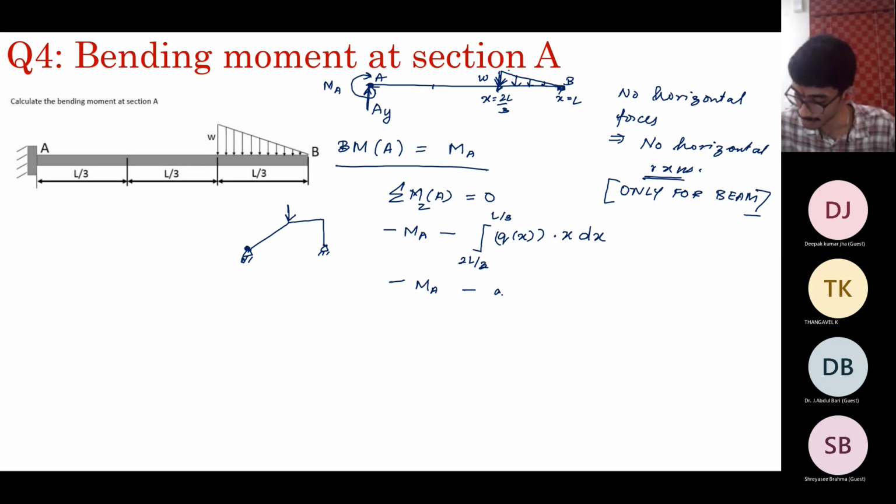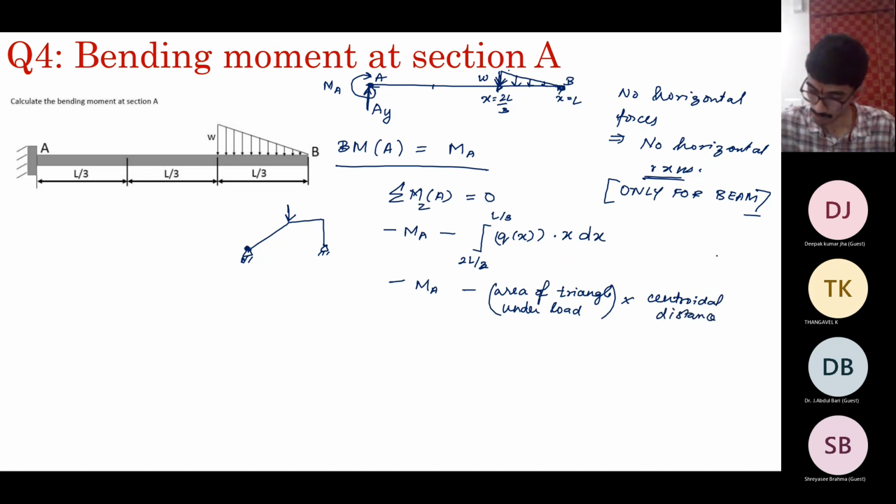So this means the area of the triangle under the load, multiplied by centroidal distance, is equal to 0. So what is the area of the triangle? It is half into height of the triangle into base of the triangle, which is L/3. This one multiplied by centroidal distance.